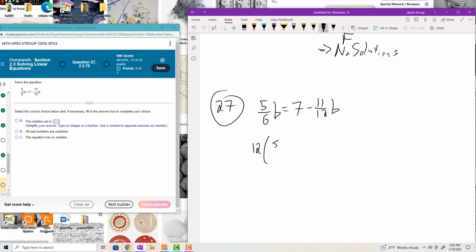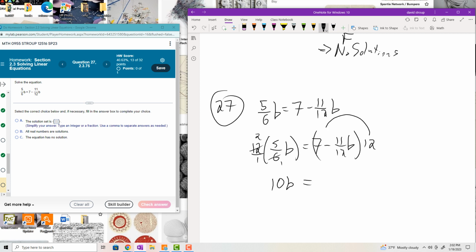So multiply both sides by 12. Okay, so on the left, 6 goes into 12 two times, and then 2 times 5 over 1 times 1 is going to give you 10 b's.